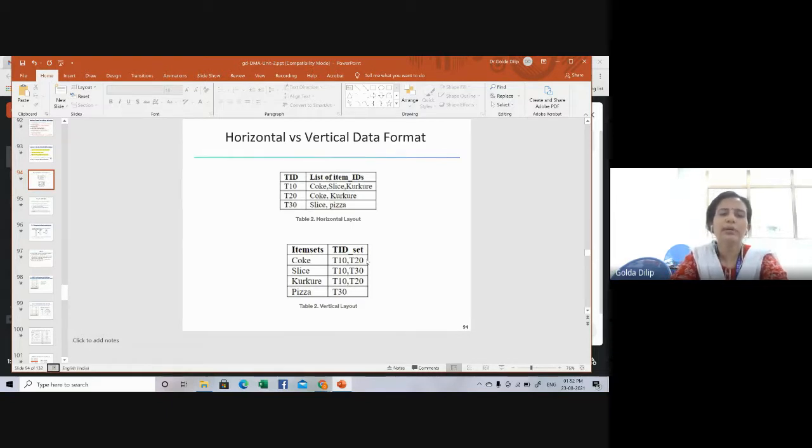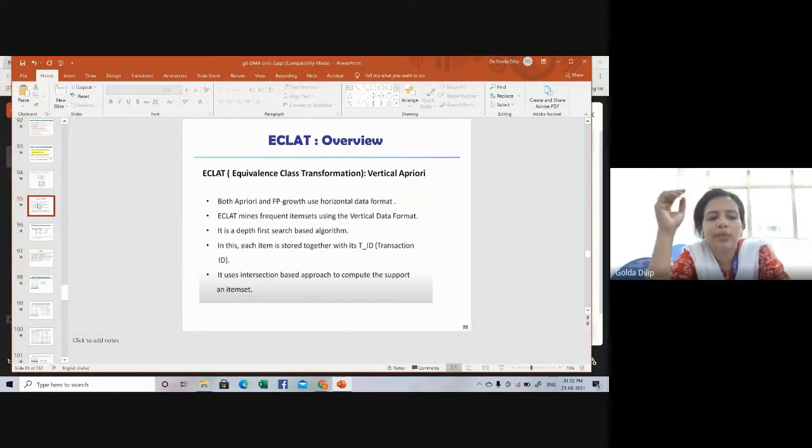Horizontal data format means your Apriori algorithm, which is something like imitating breadth first search, BFS, whereas the algorithm we are going to discuss right now, ECLAT, imitates DFS, depth first search. Generally DFS is faster compared to BFS, so the same logic applies here also.